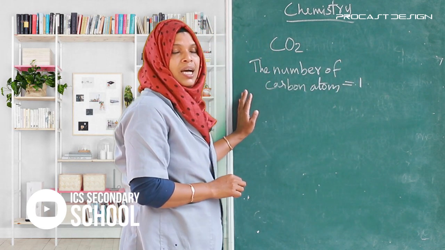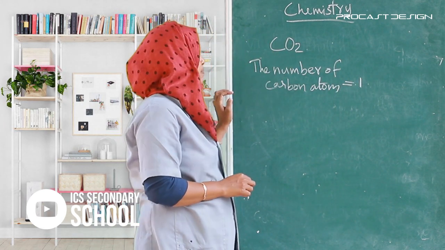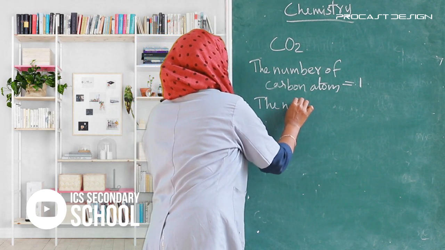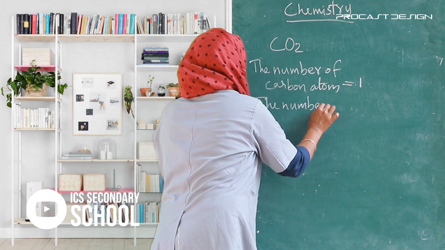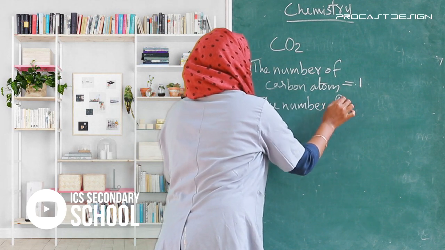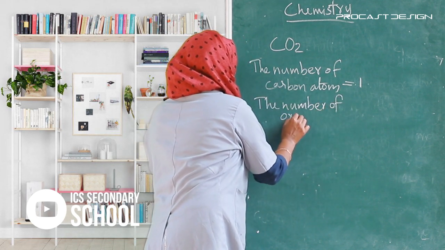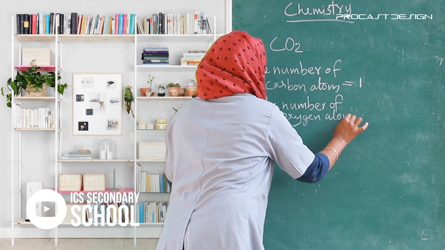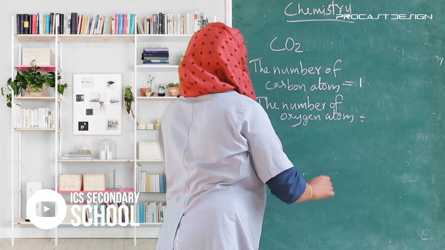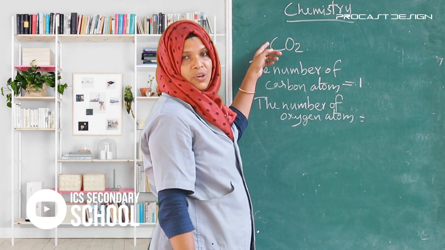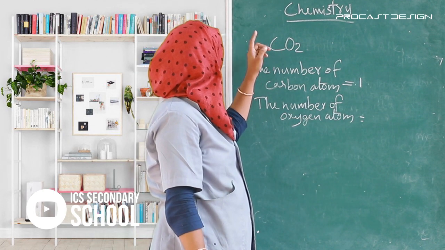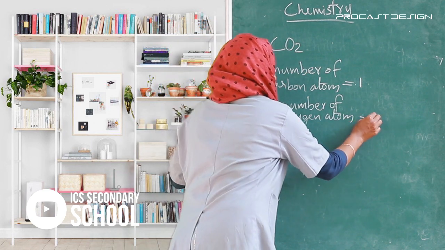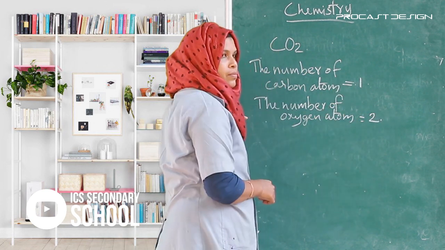Then find out the number of oxygen atoms. The number of oxygen atoms equal to, here there is a presence of 1, then multiply this 1 into 2, we get 2.